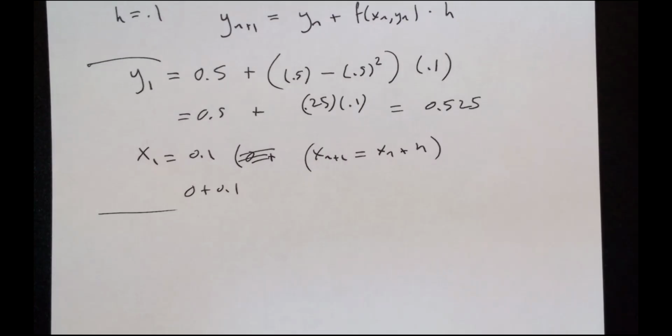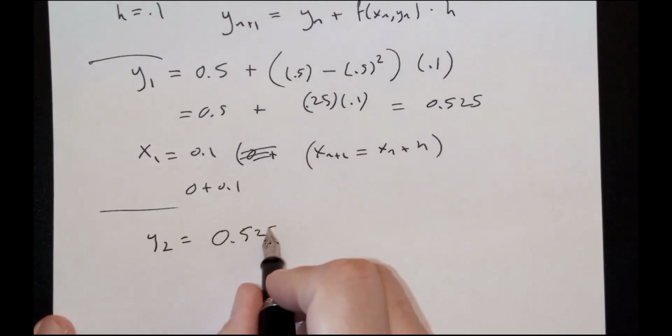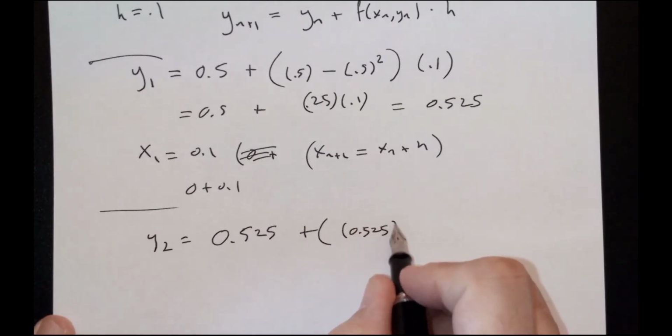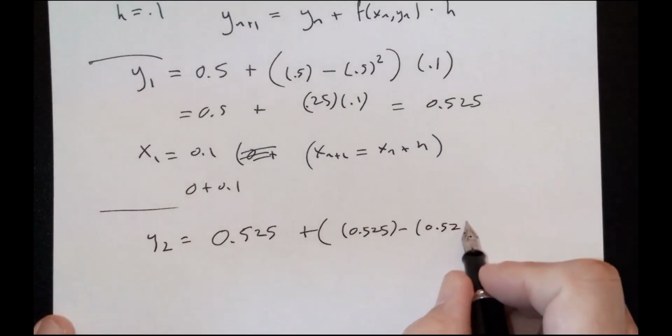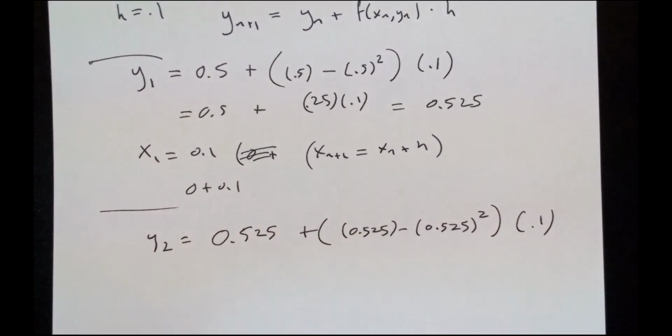So I have to do 5 steps, right? Just do it again and again. y2 is 0.525 plus 0.525 minus 0.525 squared, times 0.1.